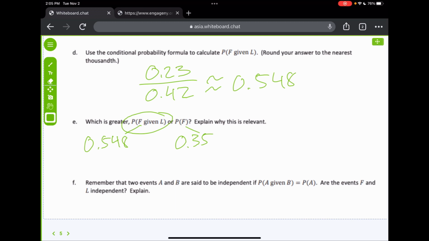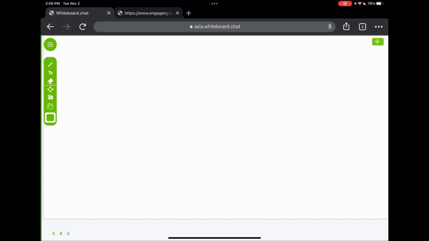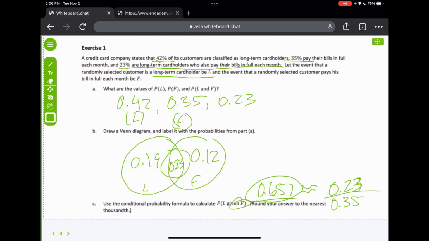Okay, this is not just cardholders, but long-term cardholders paying off the bill, as opposed to F, where F is simply the event that a randomly selected person would pay it.